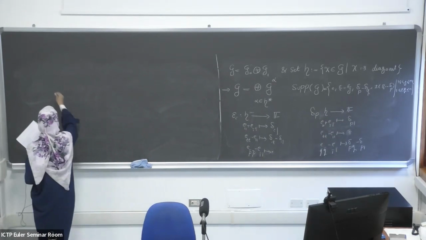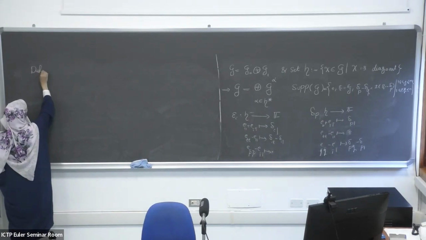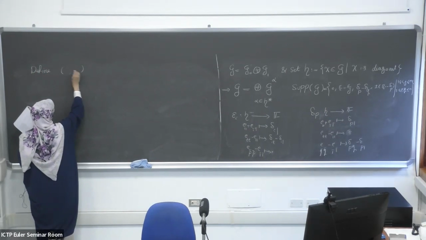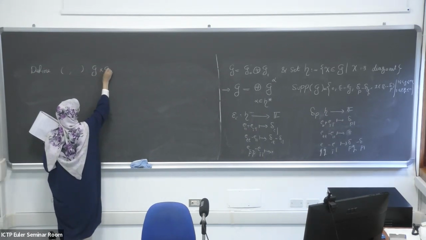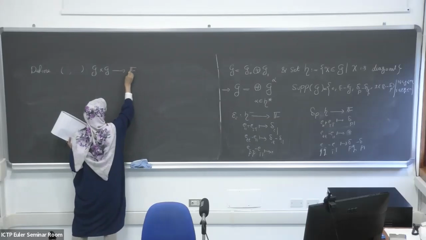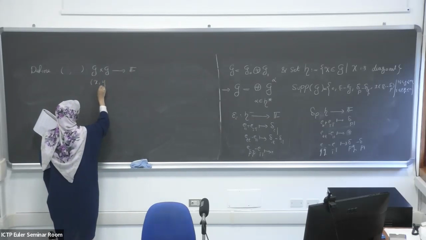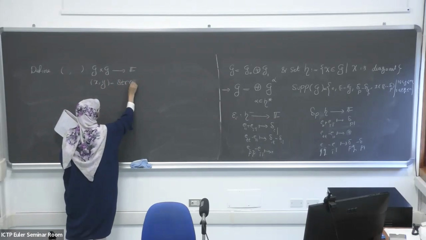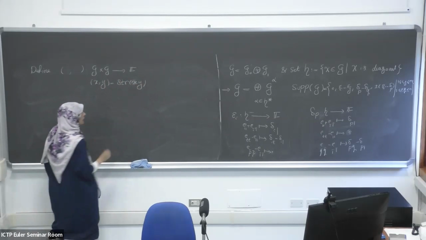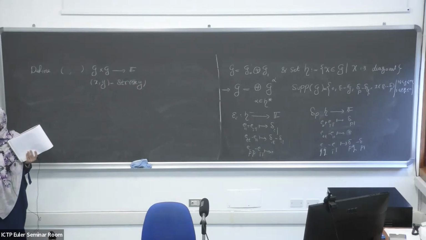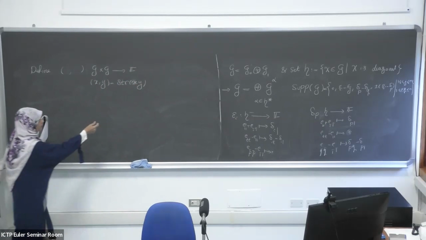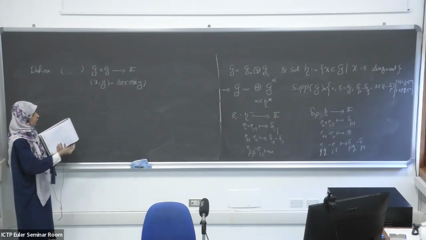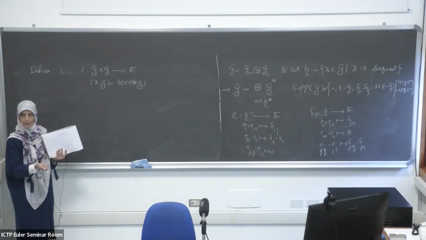And now define this bilinear form from G times G to F, mapping x, y to the supertrace of xy. X and Y are block matrices, so if we form xy, again we get a block matrix, and so we can talk about the supertrace of xy.